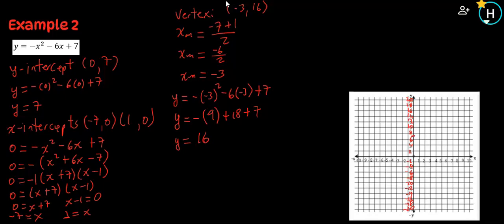And this is the y-intercept. The x-intercepts are negative 7, 0 and 1, 0. And the vertex is negative 3, 16.